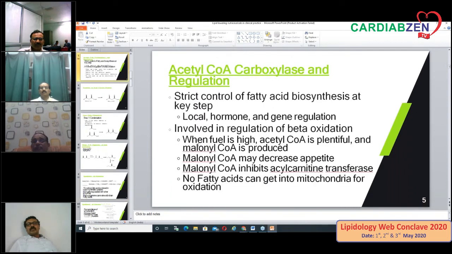Fuel is high, acyl coenzyme A is plentiful, and malonyl coenzyme A is produced. Malonyl is basically an appetite suppressant, and malonyl coenzyme A inhibits acyl-carnitine transfer as well. So no fatty acids can get into mitochondria for oxidation when the fuel is high.